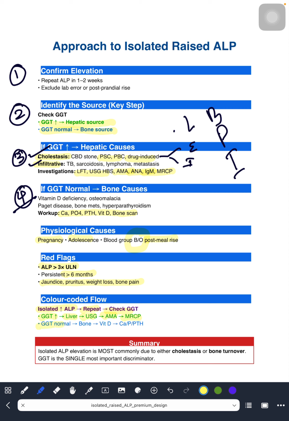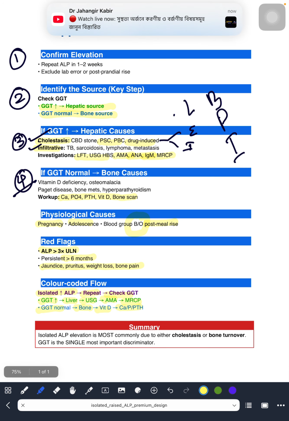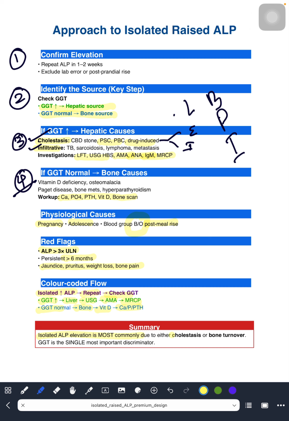If GGT is normal, most likely it is bone origin, then you will have to do vitamin D, calcium and phosphate. So in summary, take home message: isolated raised ALP is most commonly seen in either cholestasis or bone turnover.